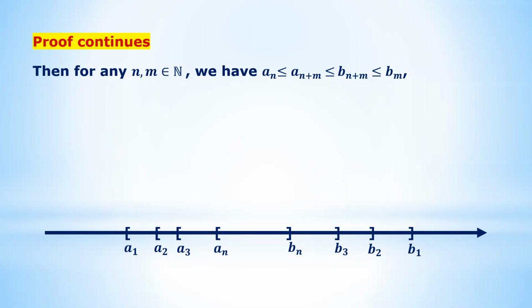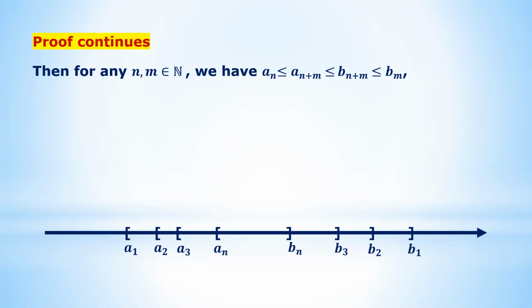Now the third inequality is true because the b_n sequence is a decreasing sequence. So when the index gets bigger, the value gets smaller. Therefore you can see that based on the monotonic properties of a_n and b_n, we obviously have this inequality.